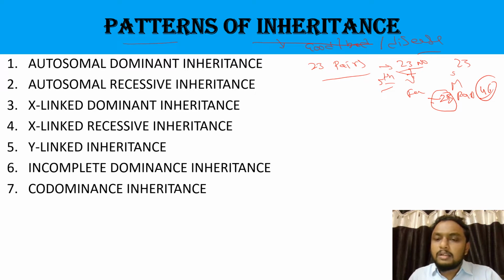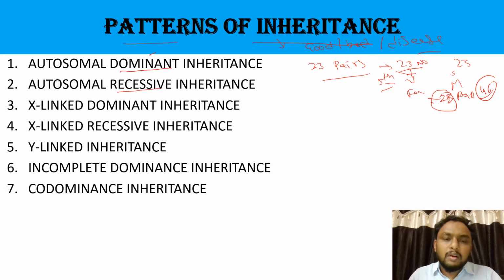If only the father's chromosome has a defect and the mother's chromosome is good, and it still shows in the child, that means it is dominant. Before going to all these types, you need to understand what is dominant and what is recessive.